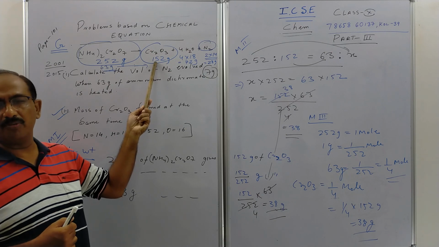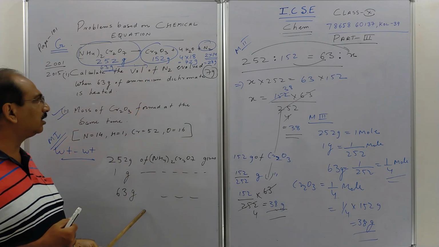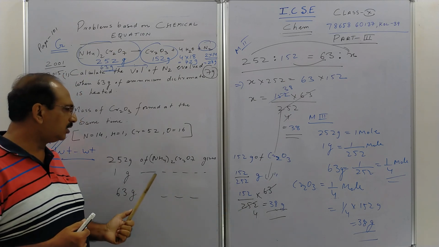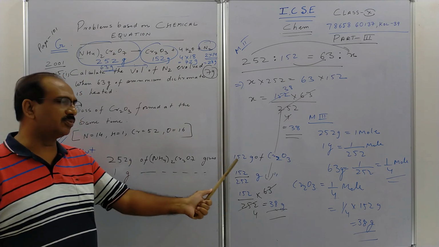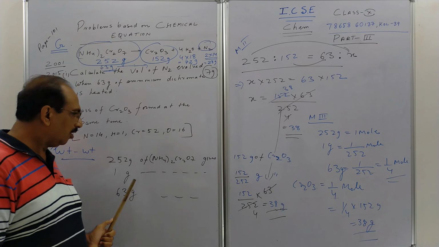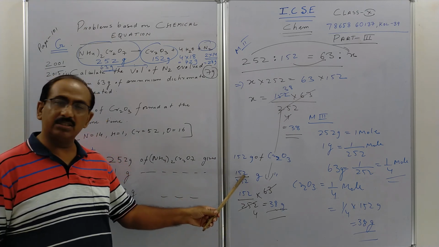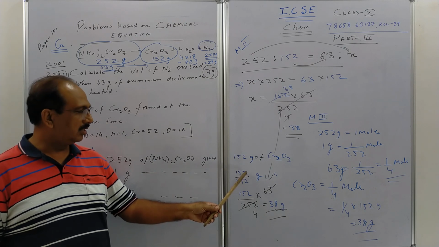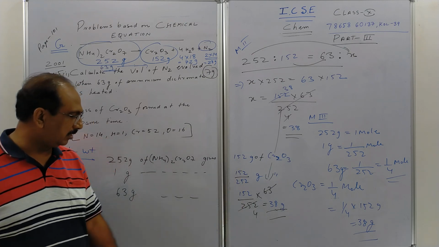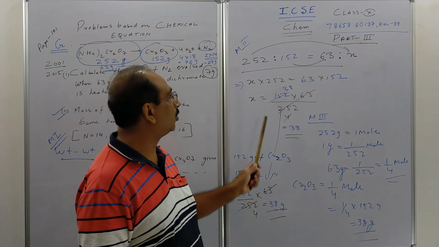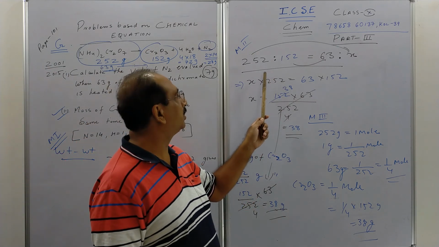So in the first step I found the molecular mass. If you take 63, you take 1/4 less, it will be 1/4 less. So this is simple unitary method. 252 gives 152 gram of chromic oxide. 1 will give less, 63 will give more. So where there is less in unitary method, you see in class 8, we have learned it is division, and in the third step it is multiplication. Next we want more. Second method is ratio based method.